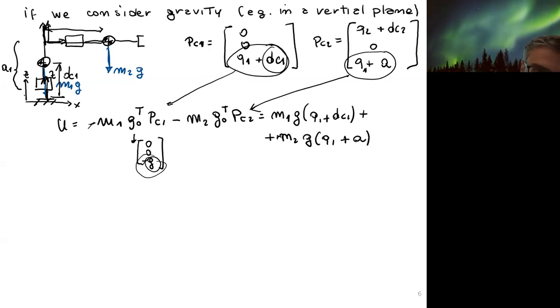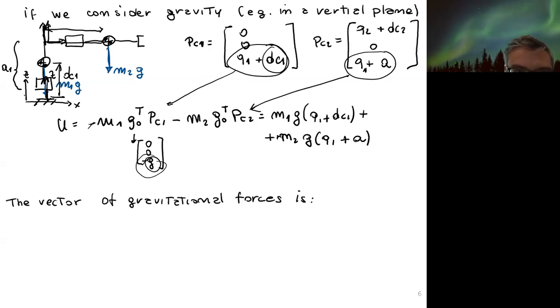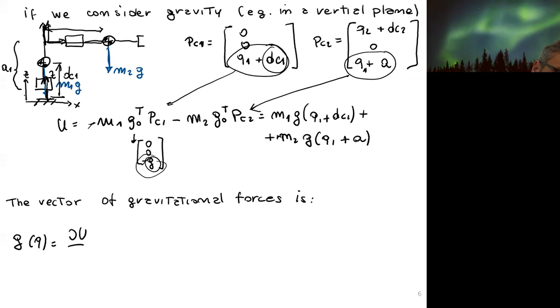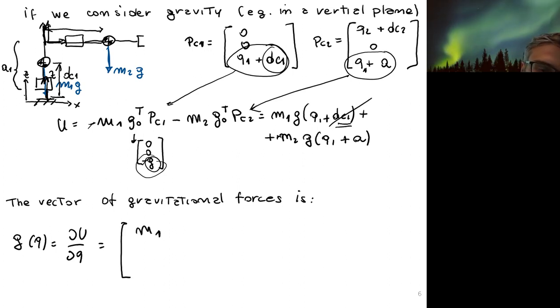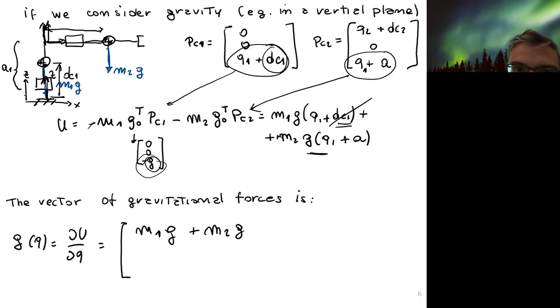And if we differentiate, we get the gravity vector, the partial derivative with respect to q. So the partial derivative with respect to q1, this is a constant, so it goes away in the differentiation, and then you get M1 g plus the other term, M2 g, while the differentiation with respect to q2 is 0, because there is no dependency on q2.